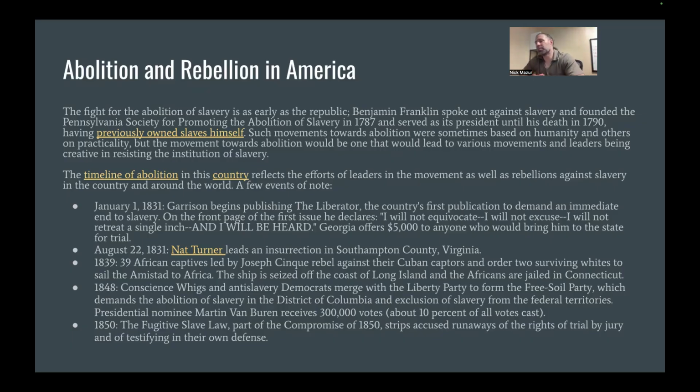Just because we had people that were supporting slavery doesn't mean that there weren't people in the period of the 15th century, 16th century, 17th century, 18th century who abhorred slavery, who were against it, who argued for its abolishment.